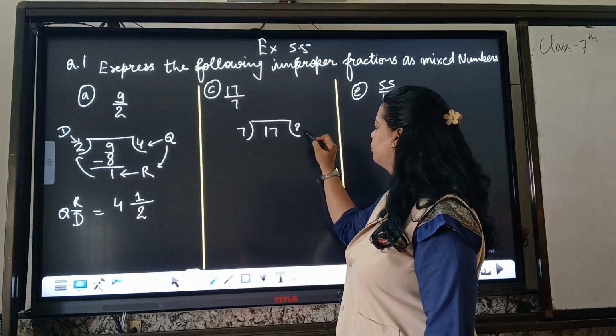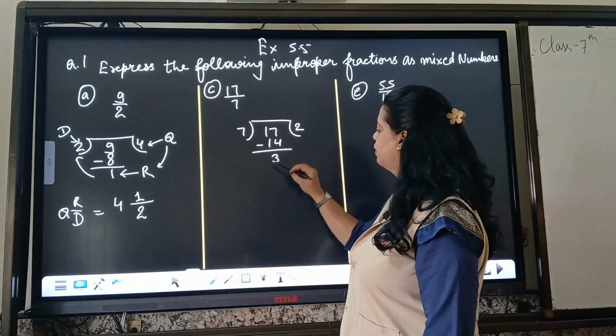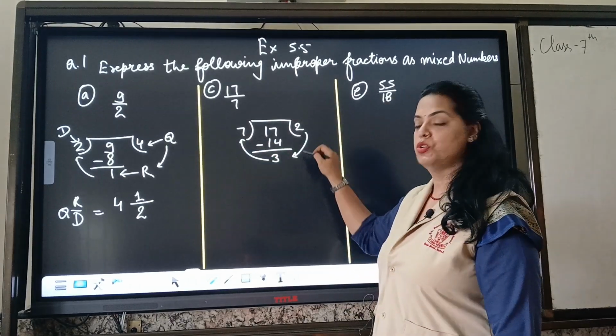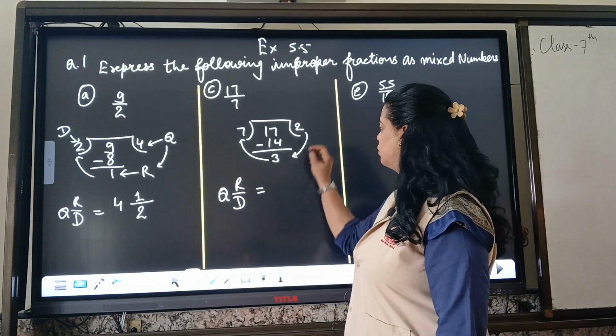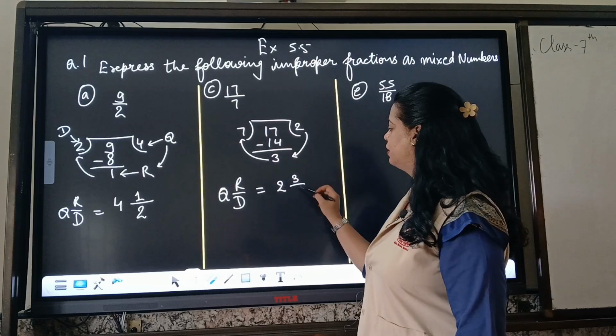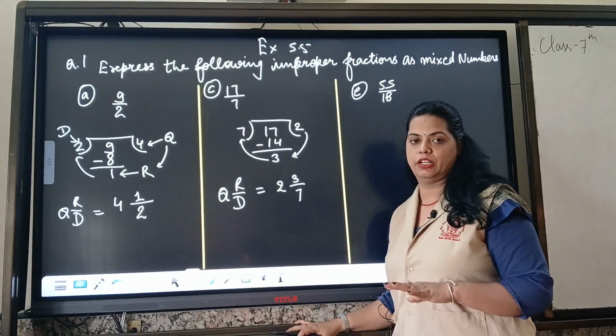7 2s are 14. You will have 3 after subtraction. So how to write? In this way. We will start our circle from quotient. So quotient, remainder, divisor. Quotient will be 2, remainder will be 3 and the divisor would be 7. Earlier it was 7, and 7 is the denominator here also.